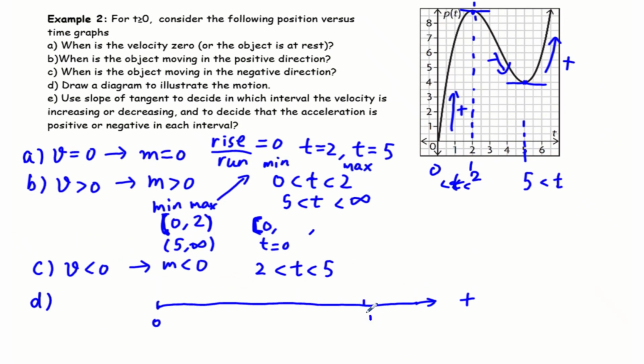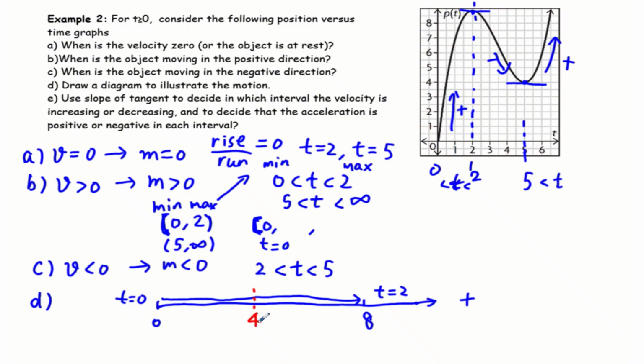So from t equals 0 to 2, it goes all the way to here. It walks all the way to the right. Then from t equals 2 to t equals 5, it goes back to position 4.